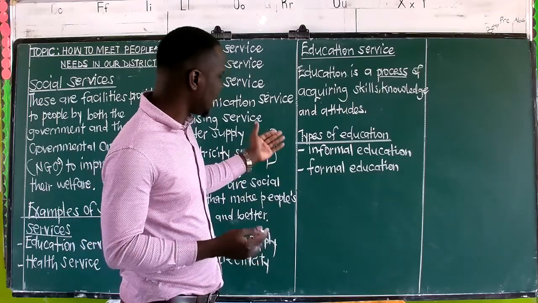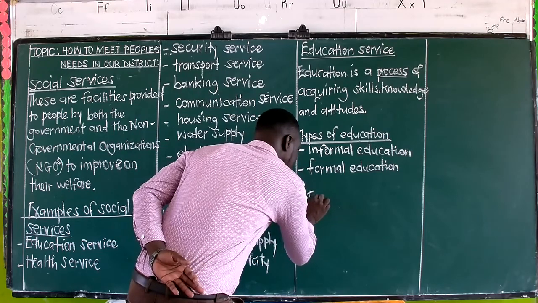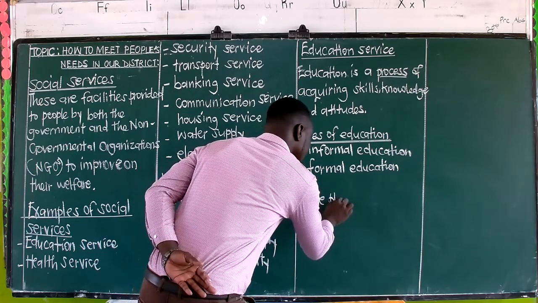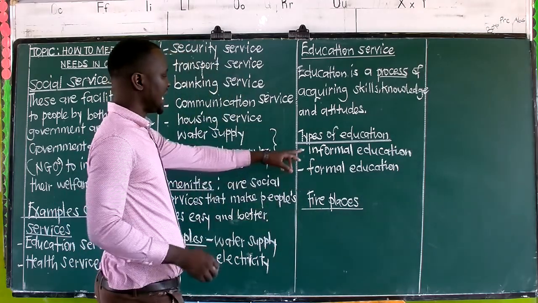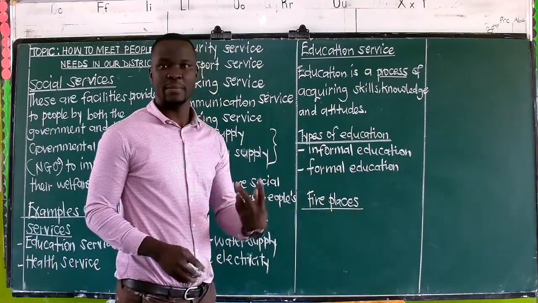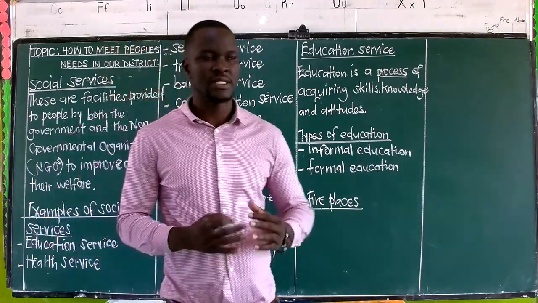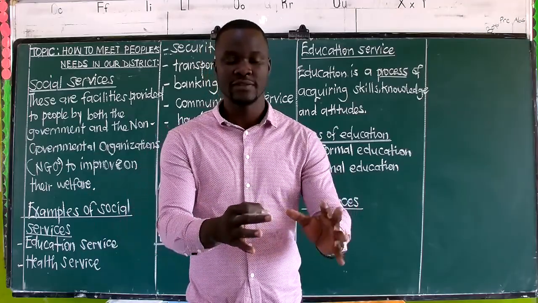Therefore, we are going to be looking at what we call fireplaces. Remember, we are still looking at informal education. And in informal education, we had what we call fireplaces long ago. These are places where, in the evening, people could set fire.